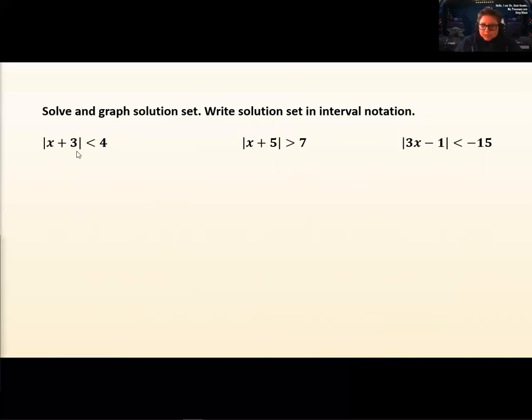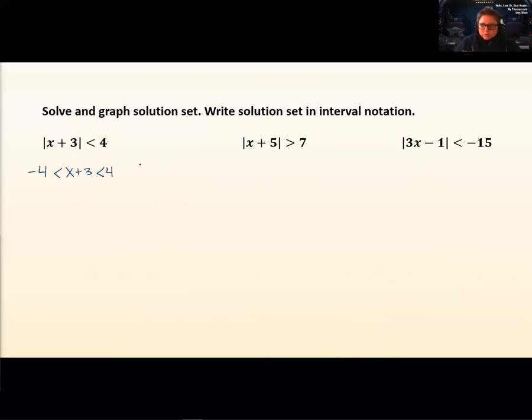Yes, absolutely. We end up with 2. Okay, and so let me go ahead and bring this up. When it's a less than, there's a couple ways you can write it. You have x plus 3 is less than 4, and since it's a less than, it's also greater than -4.